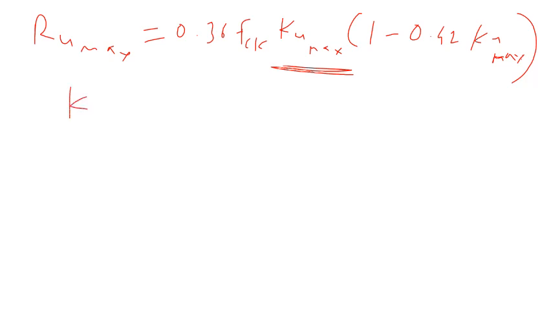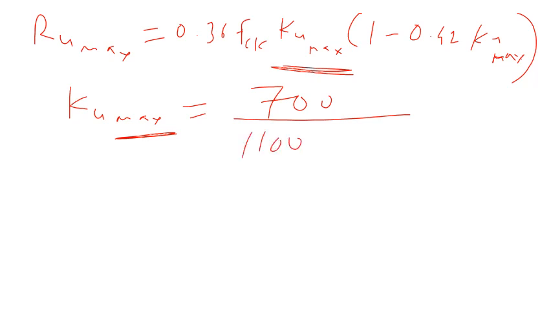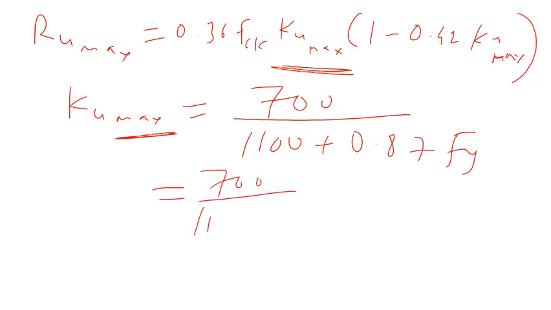Ku max is called the neutral axis factor, right? The formula for this, for a balanced design, is 700 divided by 1100 plus 0.87 fy. This is the Ku max formula. So plug in the values: 700 divided by 1100 plus 0.87 fy, where fy is 250 for mild steel.